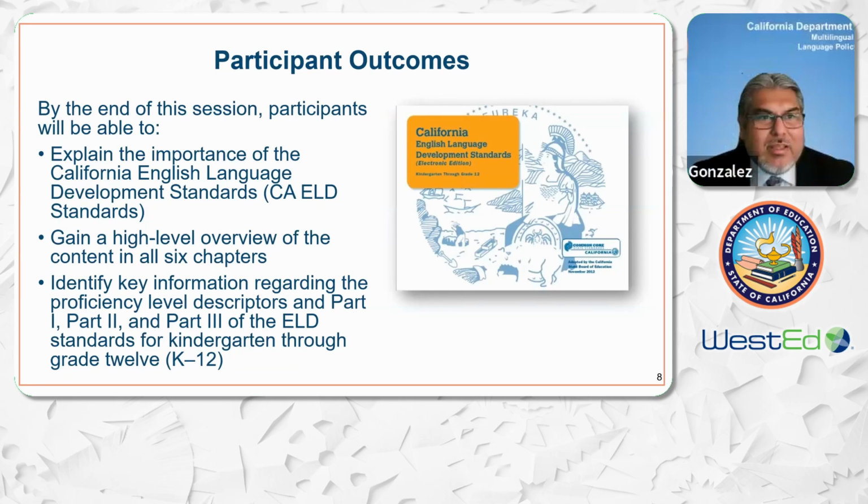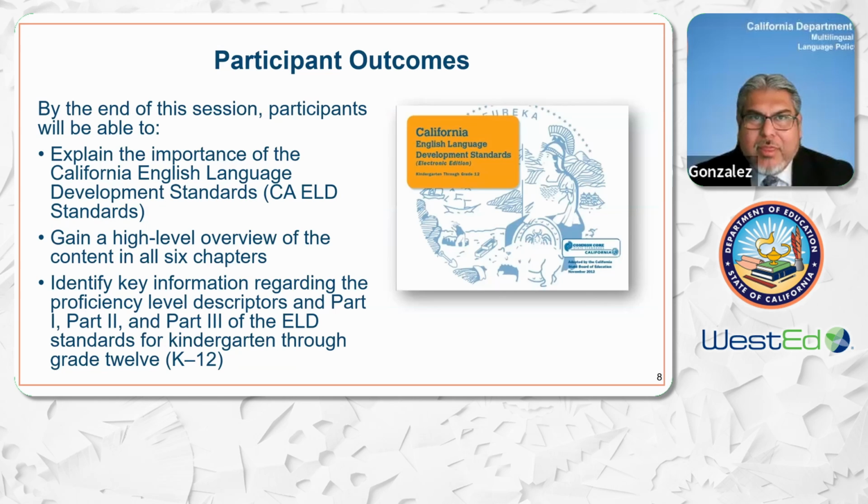Thank you, Christine. So the goals for today's webinar are to provide an orientation to the California English Language Development Standards, the California ELD standards, and to highlight the proficiency level descriptors and parts 1 through 3 of the standards.